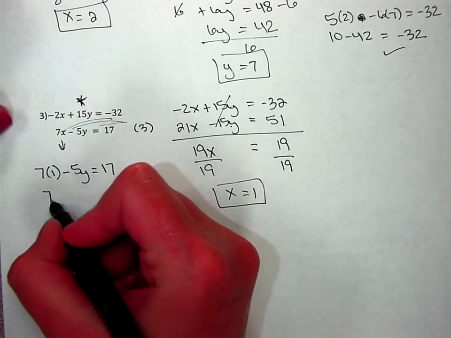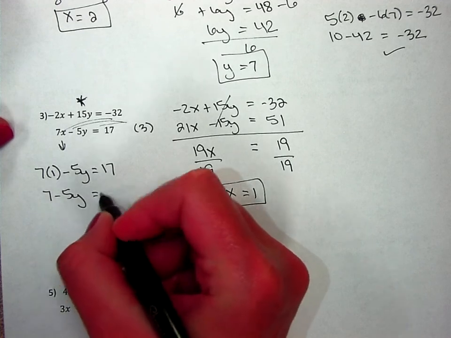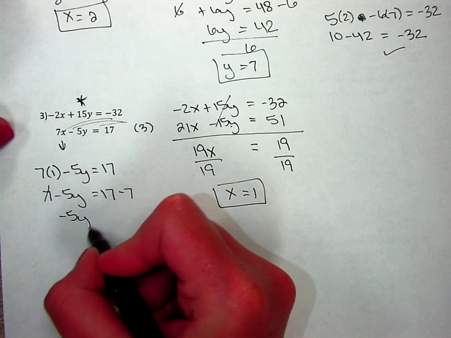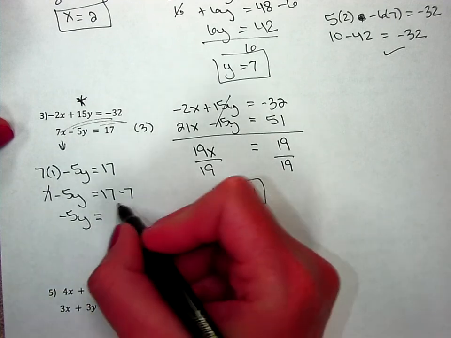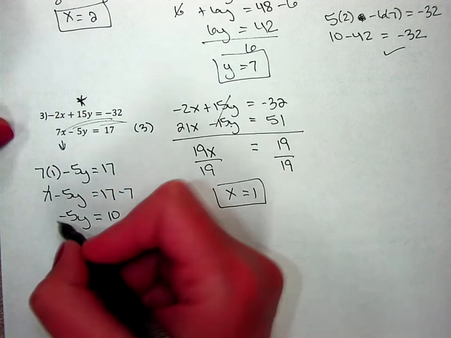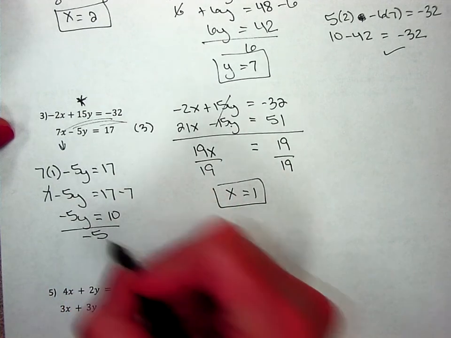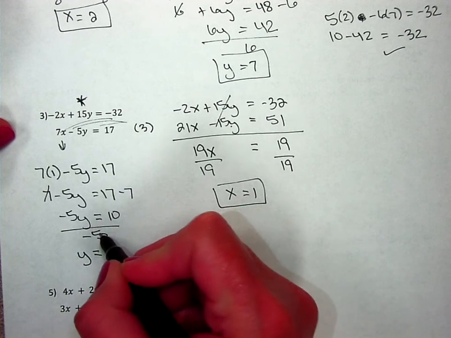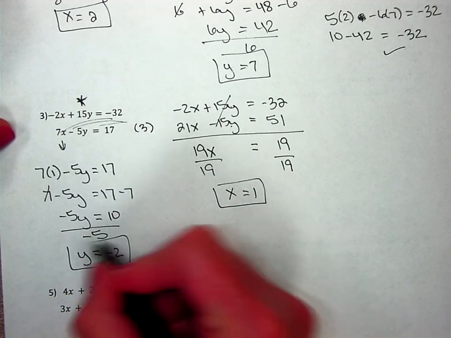So 7 times 1 is 7. Solve for y, so subtract your 7 over to the other side. That gives me 10. Divide both sides by negative 5 to get rid of your coefficient. And 10 divided by negative 5 equals negative 2.